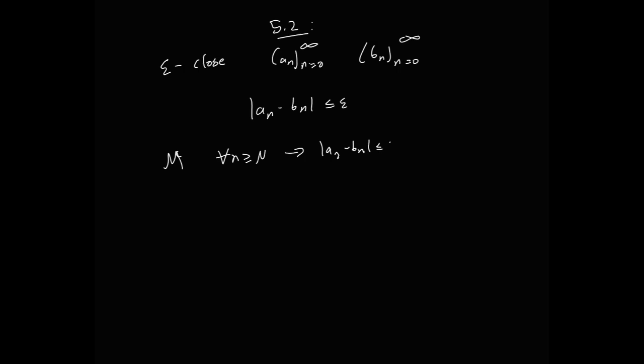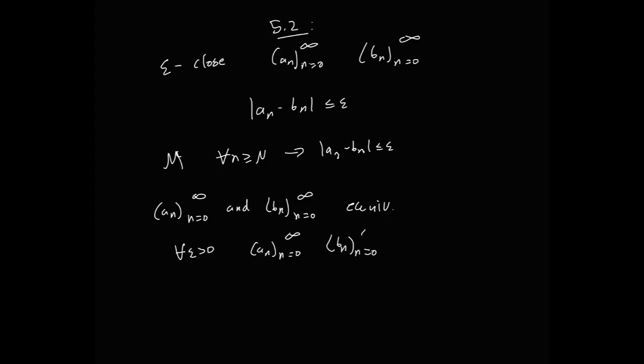And of course, an for n equals 0 to infinity, and bn for n equals 0 to infinity are equivalent if for every epsilon greater than 0, epsilon rational, an and bn are eventually epsilon close.